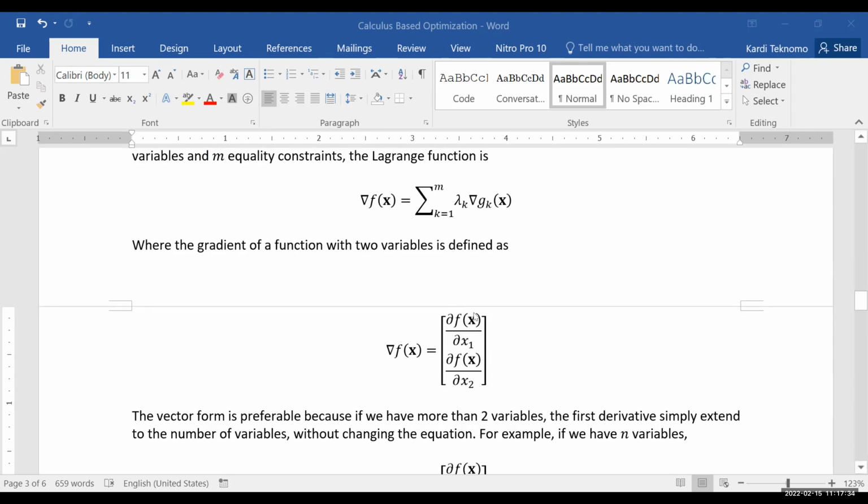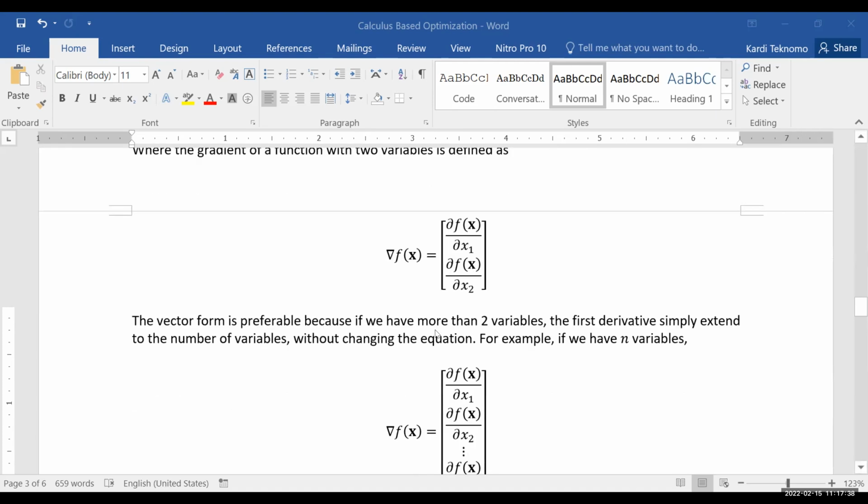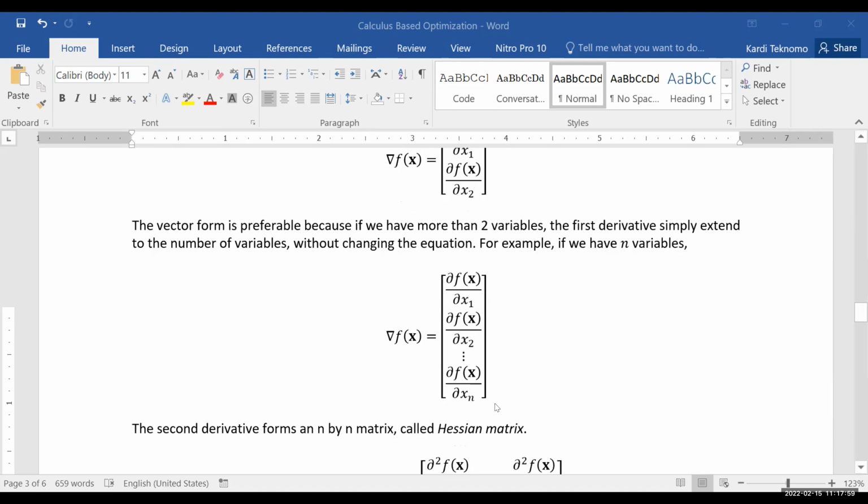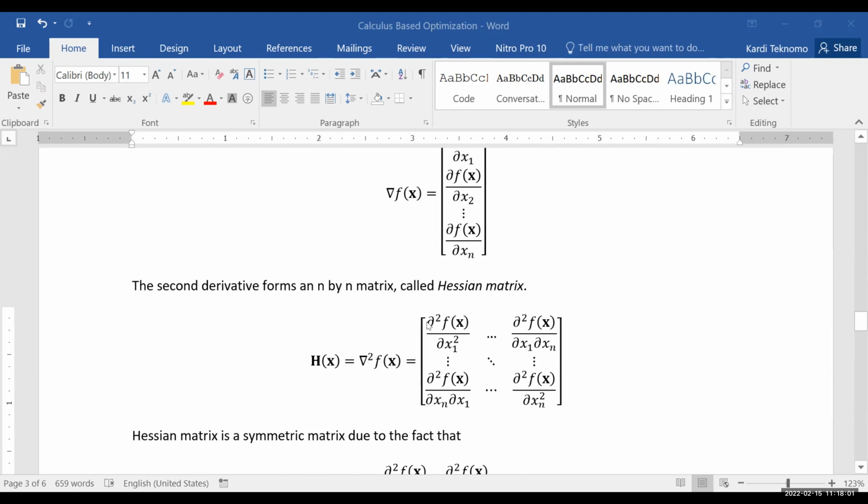If, for example, you have two variables, you take the first partial derivative to x1 and x2. If you have many variables, then you can just take a vector of partial derivatives to x1, x2 until xn. And then you can also form the Hessian matrix like a while ago.